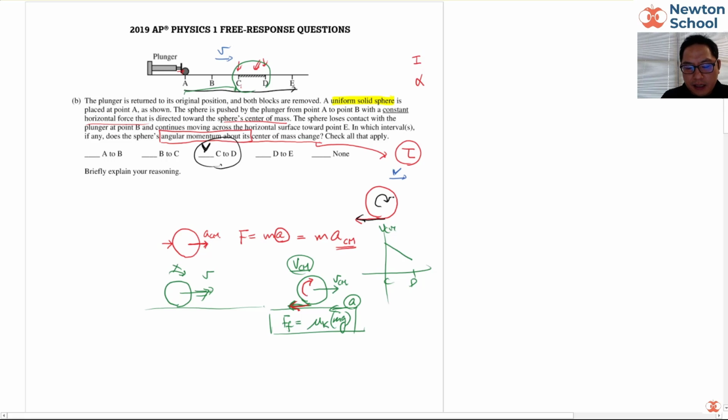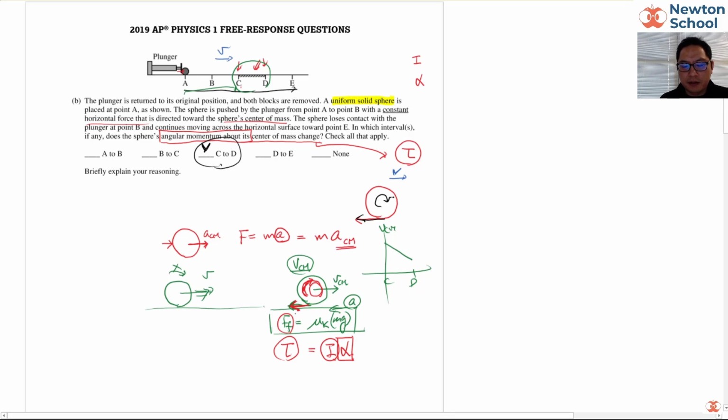And remember, the torque applied by this force of friction will be I alpha of this sphere, where you have to use the moment of inertia of the sphere, but I'm not going to get into the detail. But what I'm trying to say is there will be angular acceleration, so this will spin faster and faster. But remember, you're still sliding.